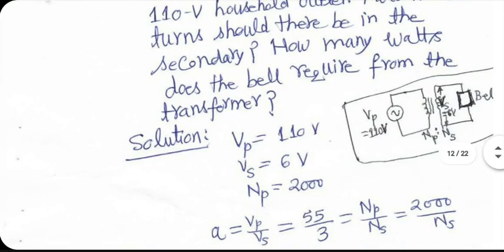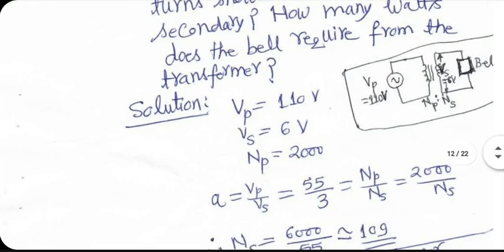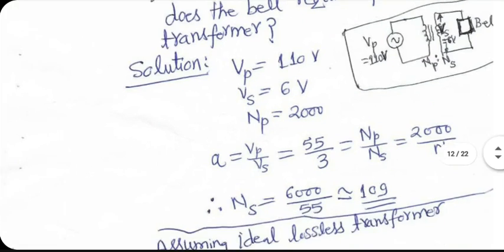So VP is 110 volt, VS is 6 volt, NP is 2000 given to you. VP divided by VS, which is 110 divided by 6, which is 55 divided by 3, should be equal to NP divided by NS. NP is 2000. From here, it's easy to figure out NS.